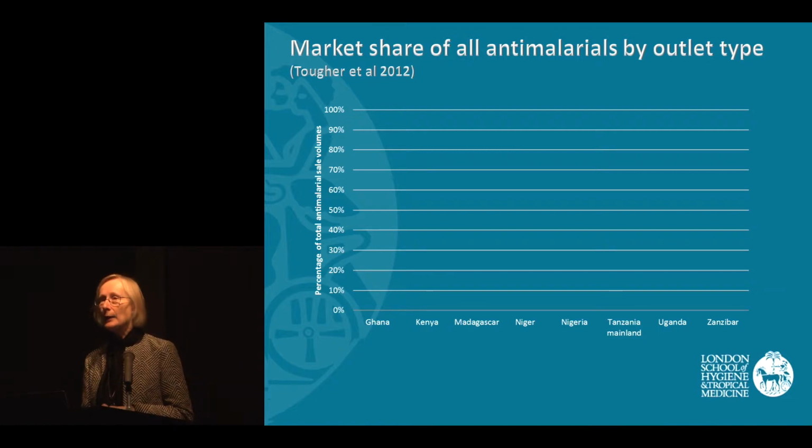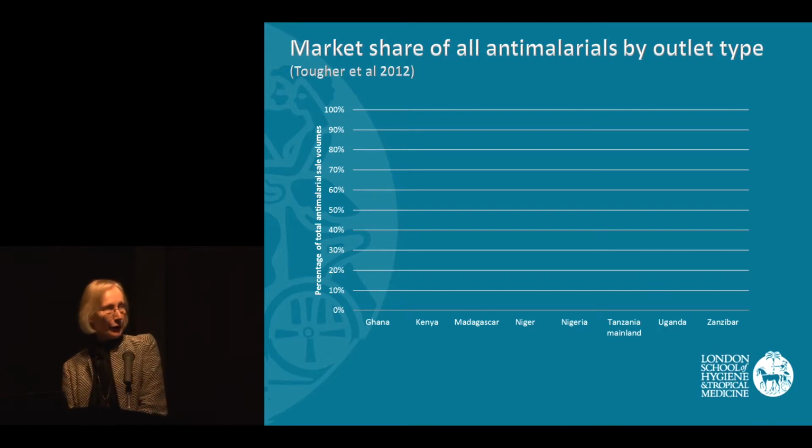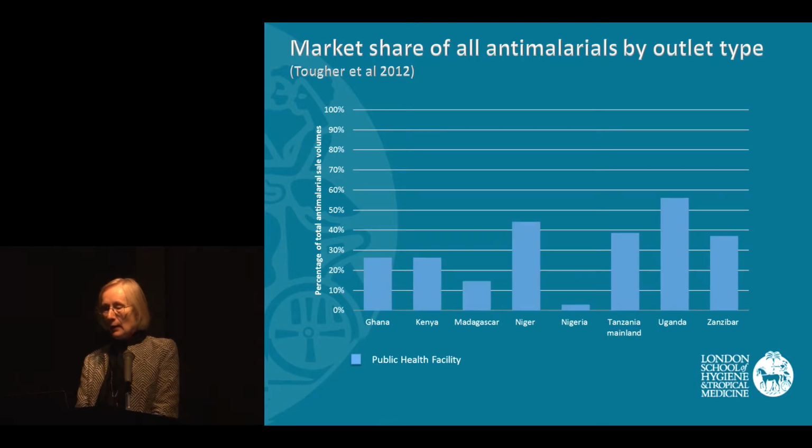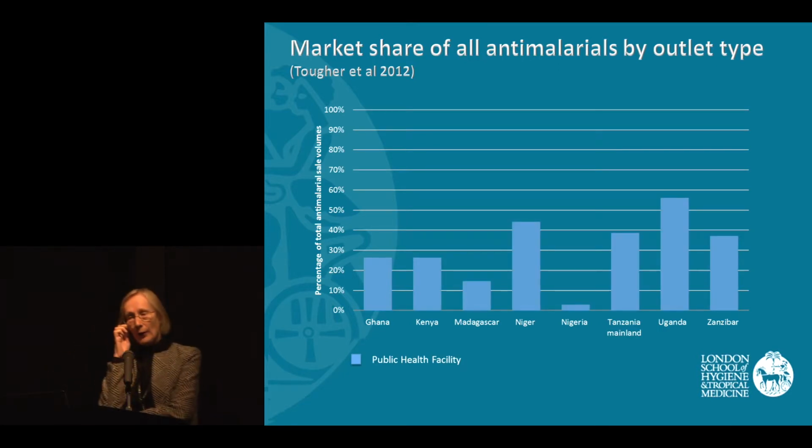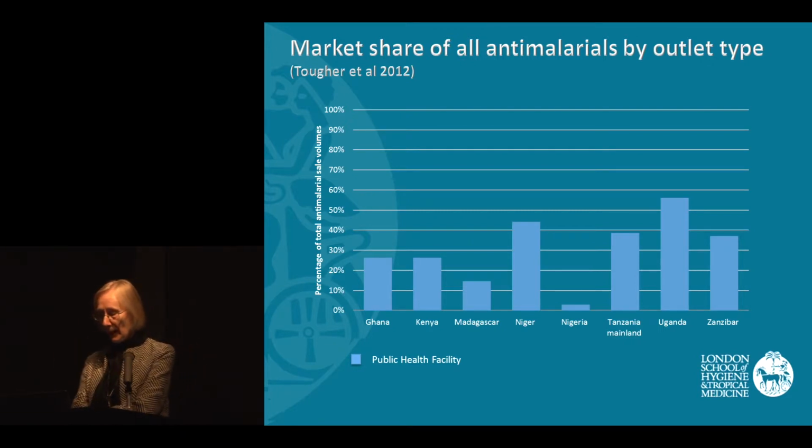In many low-income countries, most people get their drugs through low-level retail outlets, not proper pharmacies, not public facilities, not formal hospitals, but various forms of shop. So this is from data from a number of countries in Africa, shown across the bottom line, from surveys of sales of anti-malarials, drugs taken for malaria.